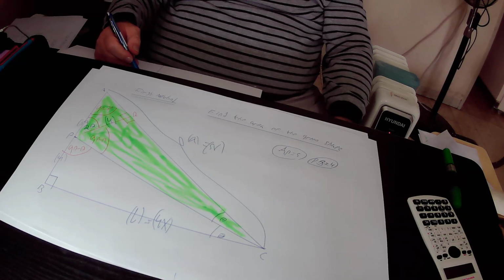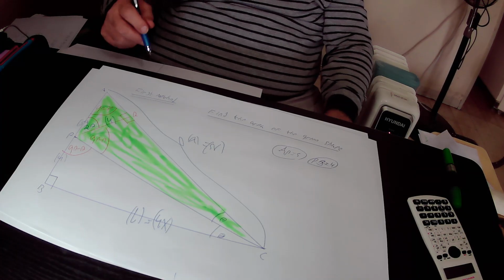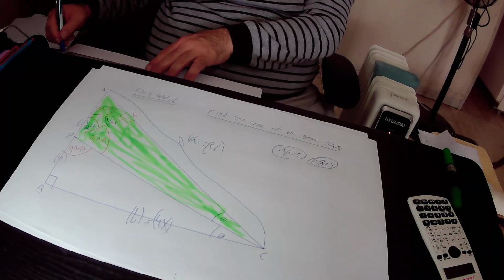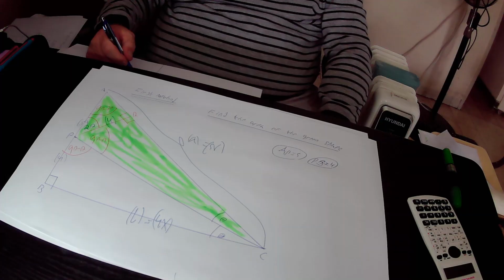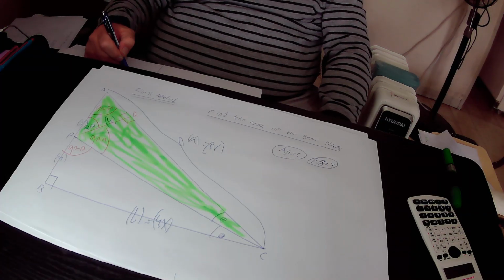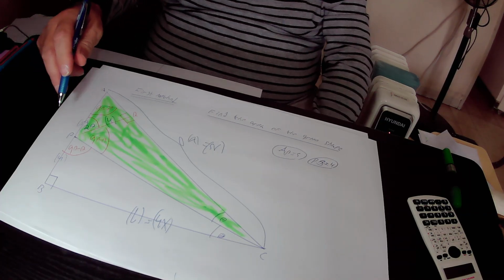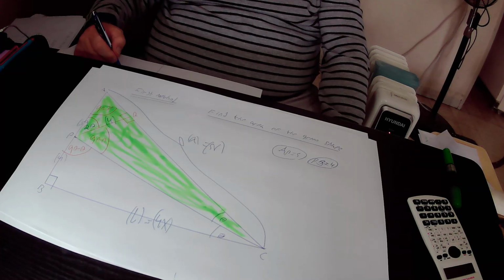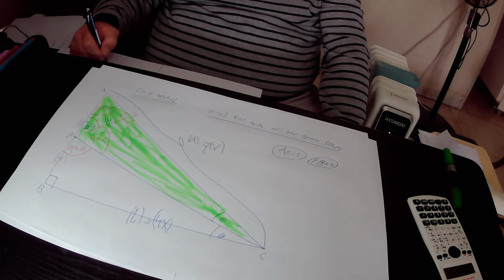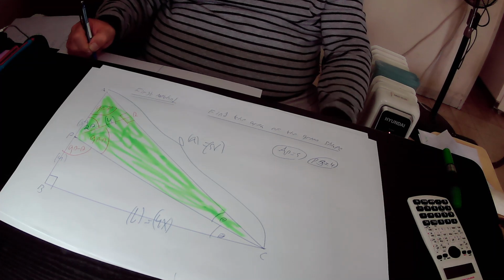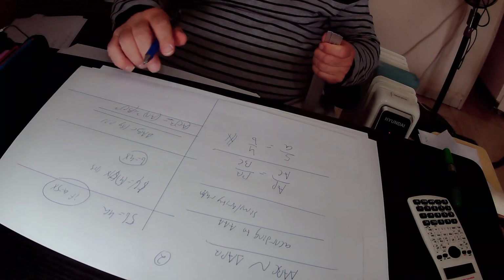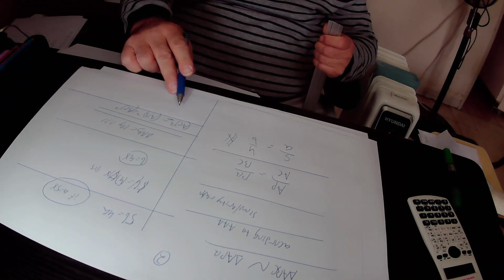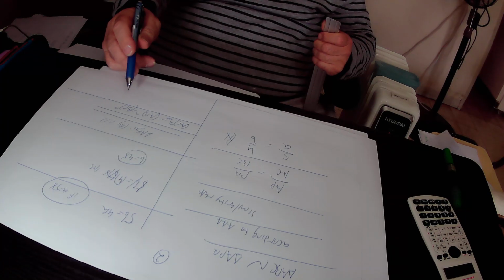So in the big right triangle ABC, according to the Pythagoras theorem, we get that AC squared, that is the square of the hypotenuse, equals AB squared plus BC squared.